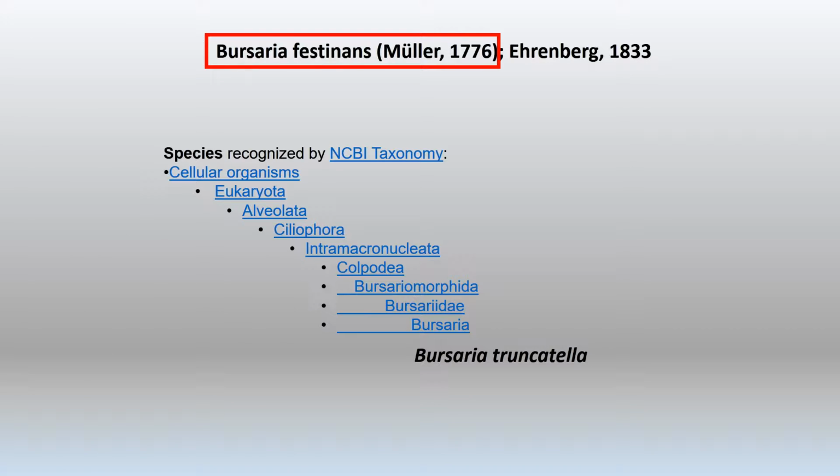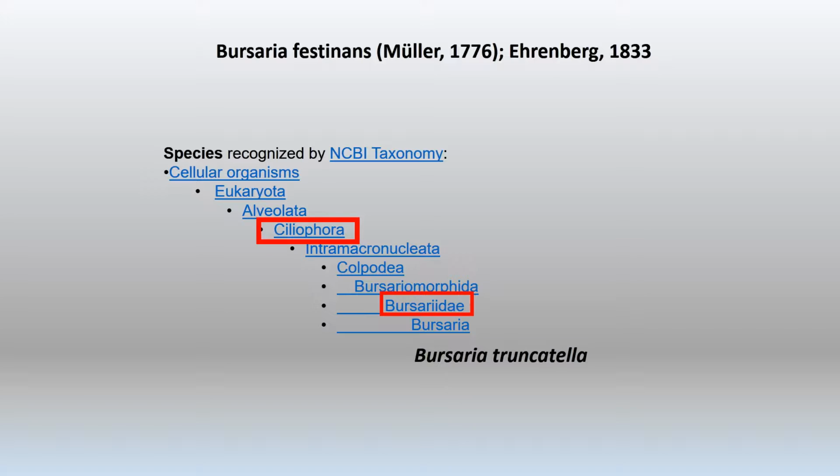Bursaria was described by Muller as early as 1776. It is now classified as a ciliate of the family Bursaridae, of which Bursaria is one genus and Bursaria truncatella a species.